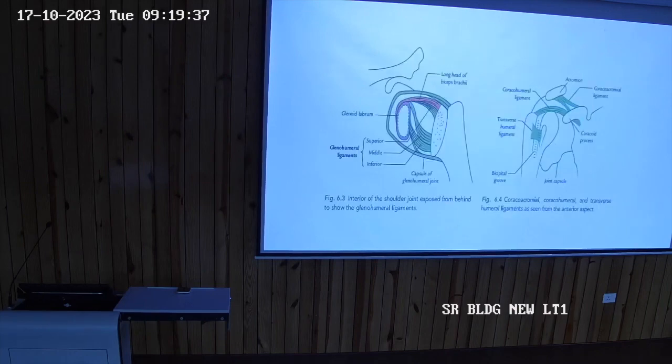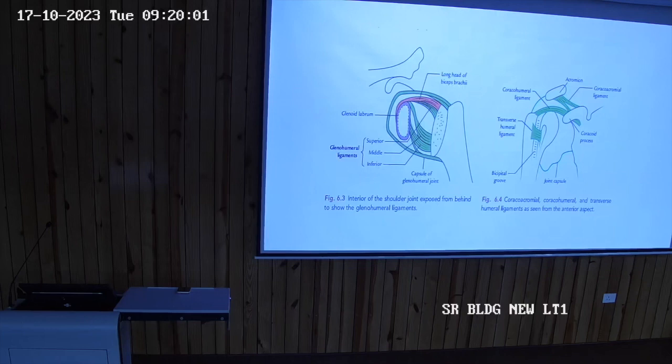Whenever we talk of any joint, the one ligament which is covering the whole articular surface of the scapula, that is glenoid cavity, and articular surface of the head of humerus, is a thin fibrous sheet.